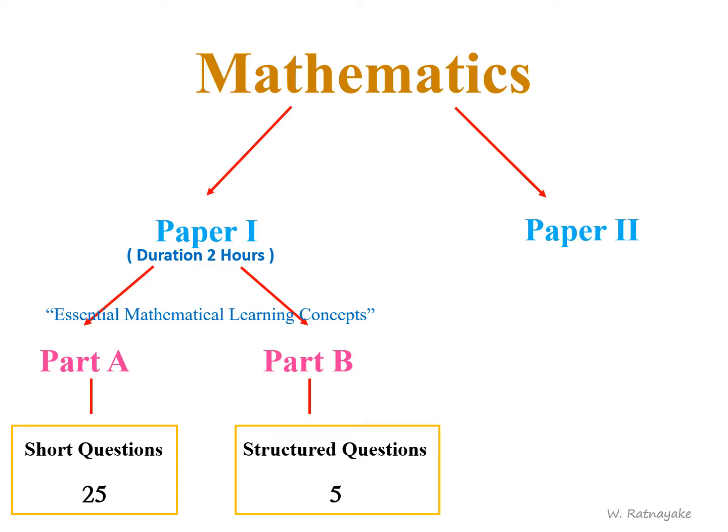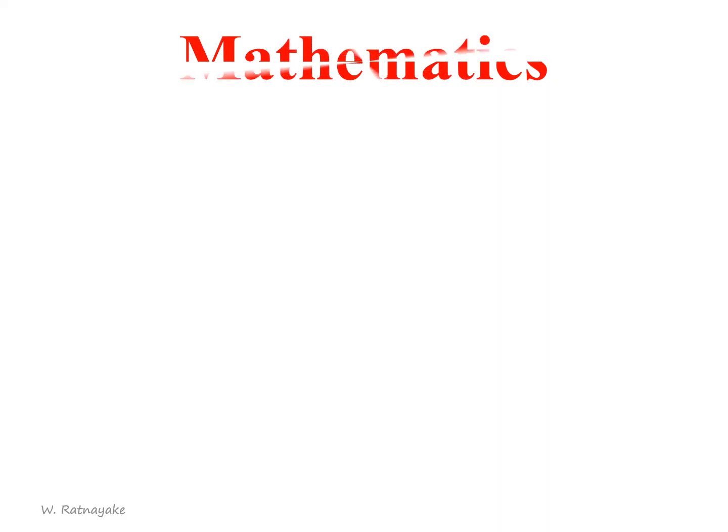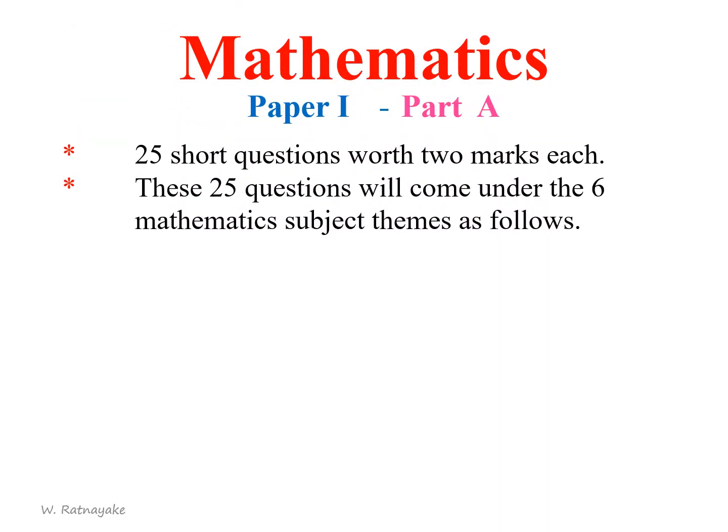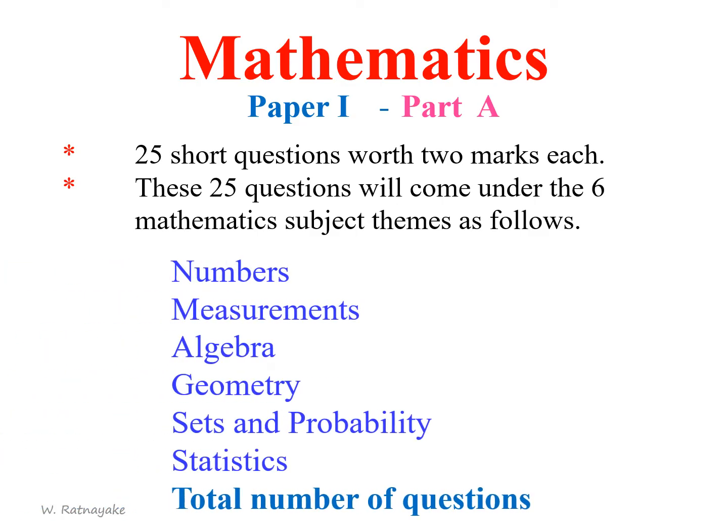There are altogether 53 learning concepts. Based on those concepts, only the paper 1 questions in part A and part B are formed. In mathematics there are 6 themes called numbers, measurements, algebra, geometry, sets and probability, and statistics.